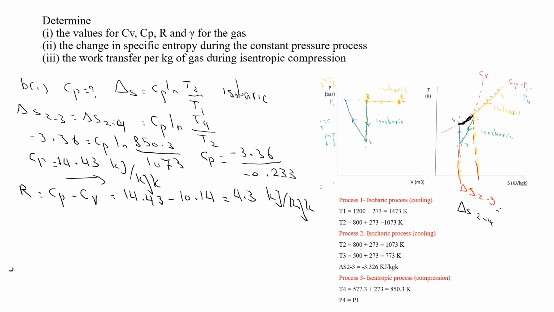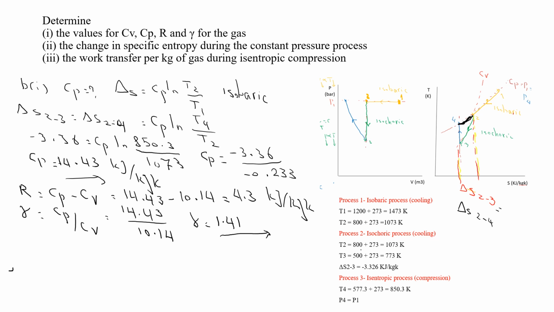Now what remains is gamma. So gamma is equal to Cp over Cv. So we have got Cp 14.43 over 10.14. So from this ratio we can get gamma is equal to 1.41, and that is a part of the answer.